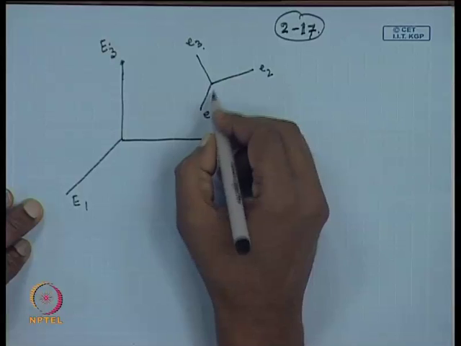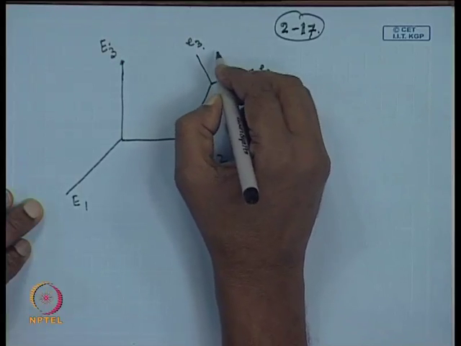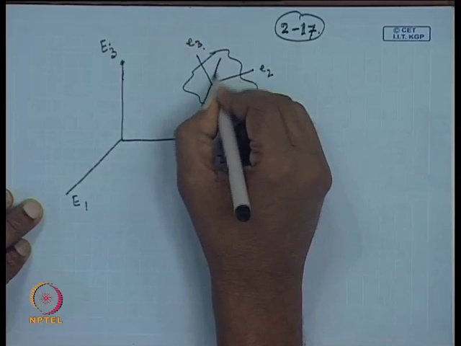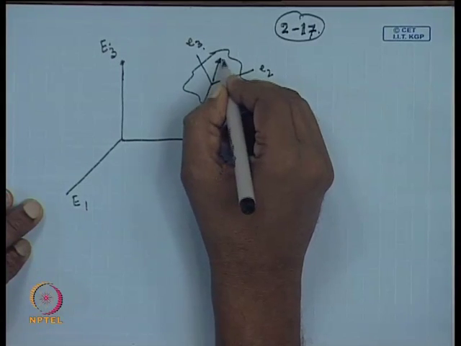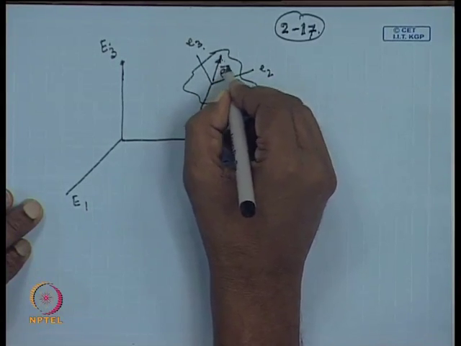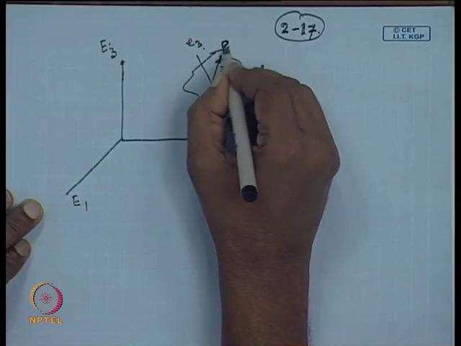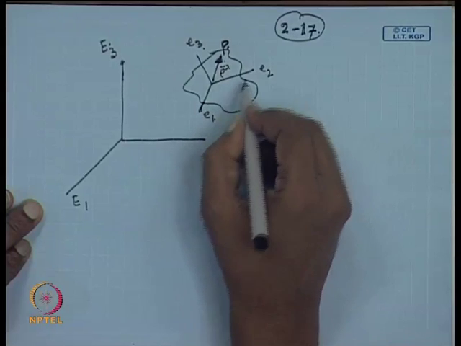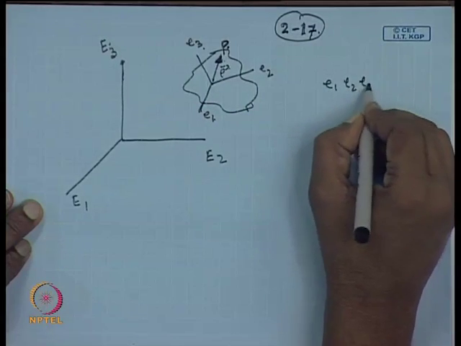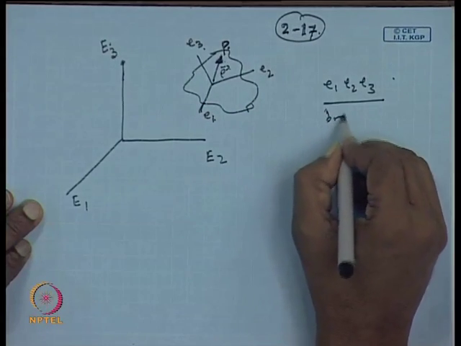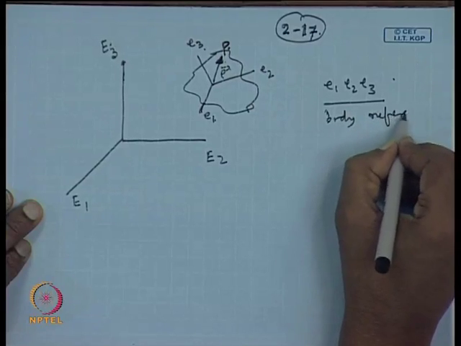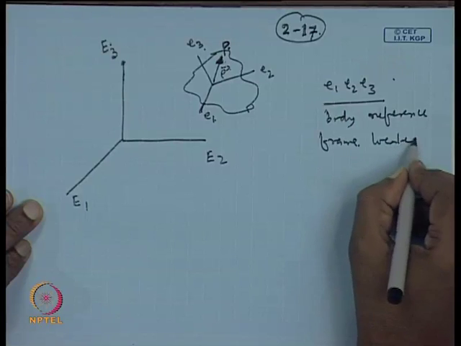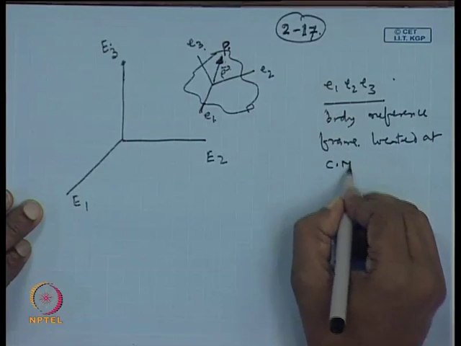Consider a rigid body in which we have a particle here whose position vector is rho, and this is the particle P. And suppose E_1, E_2, E_3 is the body reference frame, located at the center of mass.